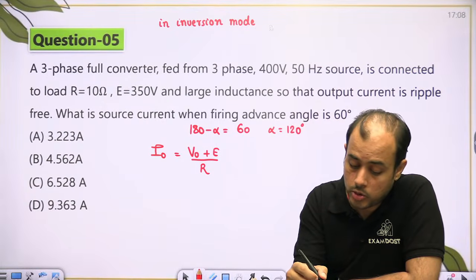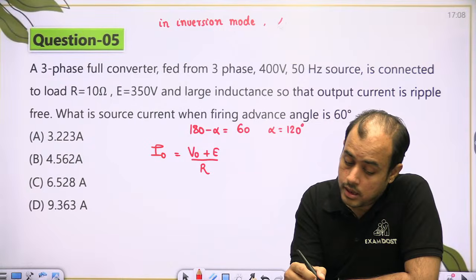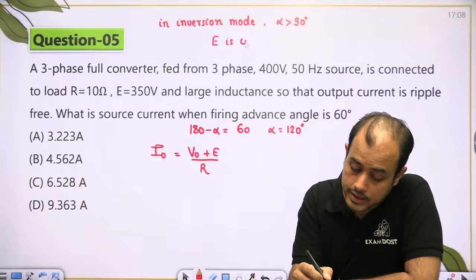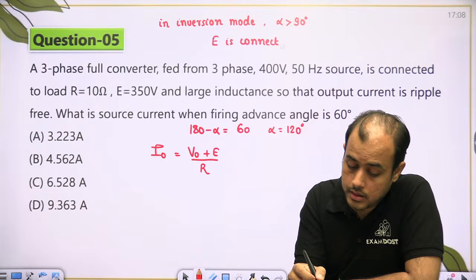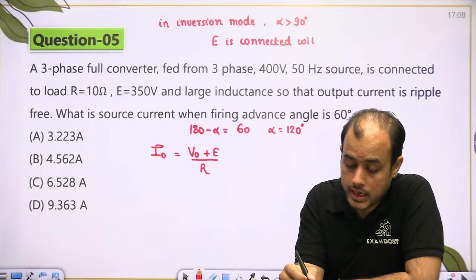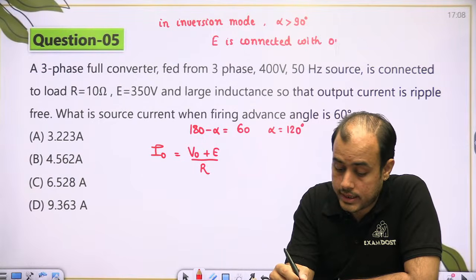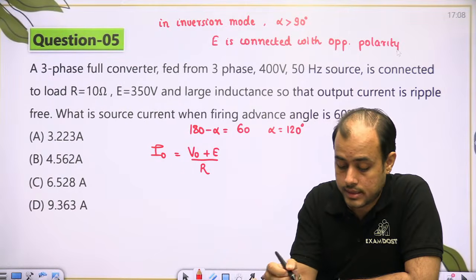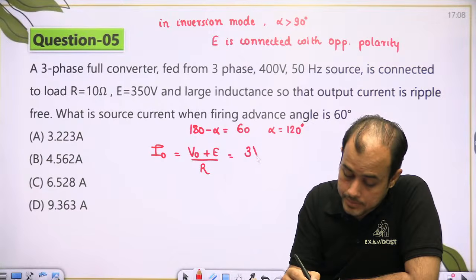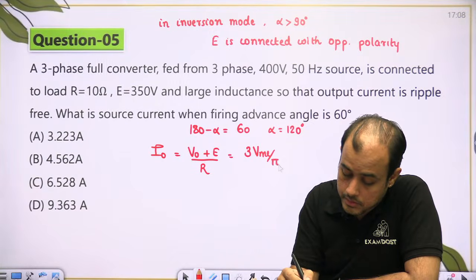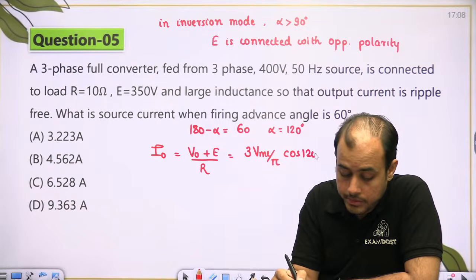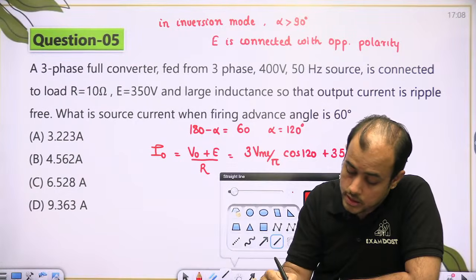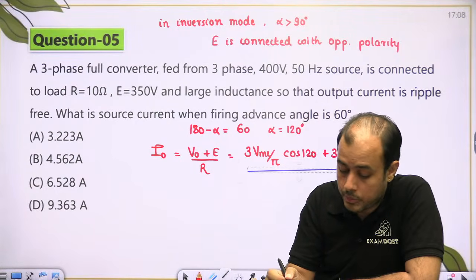This also I will tell you tomorrow. अल्फा ग्रेटर देन 90, E is connected with opposite polarity. ईएमएफ जो कनेक्ट किया जाता है ना, वो उल्टी पोलैरिटी के साथ करते हैं, ठीक है। तो इसीलिए माइनस ई की जगह प्लस ई होता है। ऐसा क्यों करते हैं मैं आपको कल बताऊंगा। Why do you connect E with the opposite polarity.